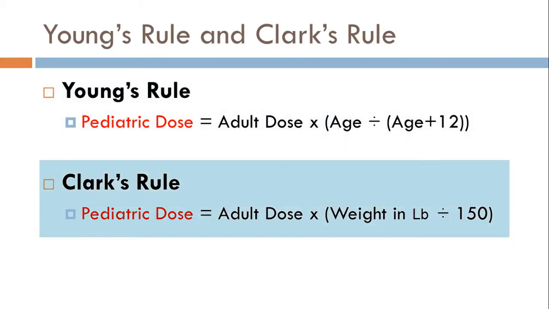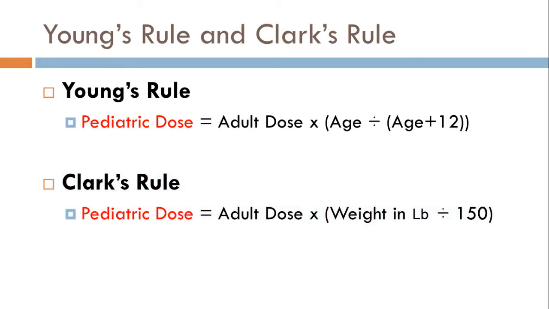It is the adult dose multiplied times the weight divided by 150. So on an exam, you may be asked the question, determine the child's dose of the following medication using Young's rule or using Clark's rule. Either way, I want you to be able to use one of these two rules and be able to give me the exact amount that you come up with using this equation.